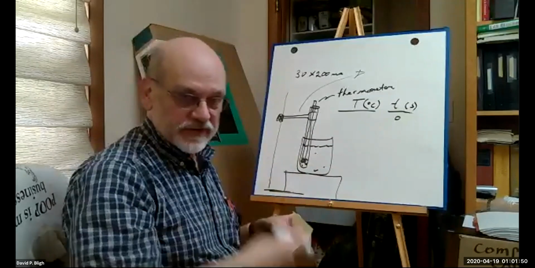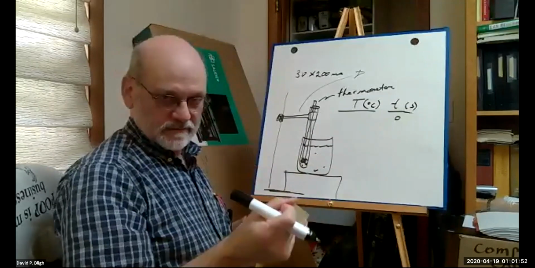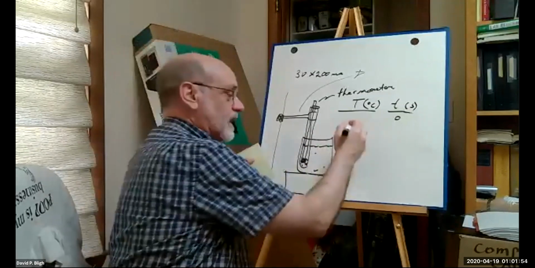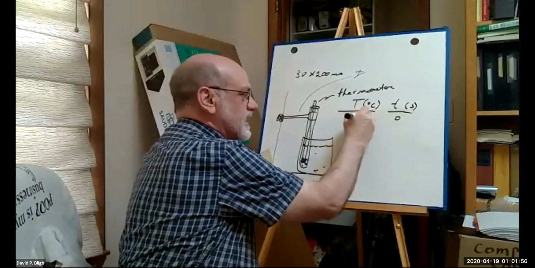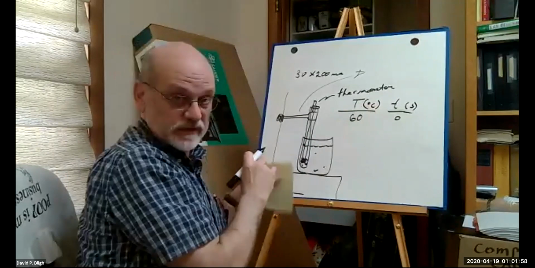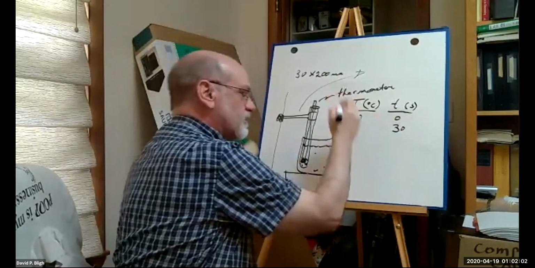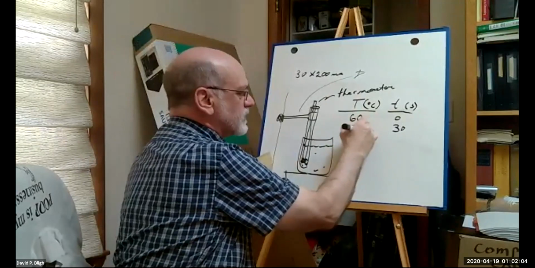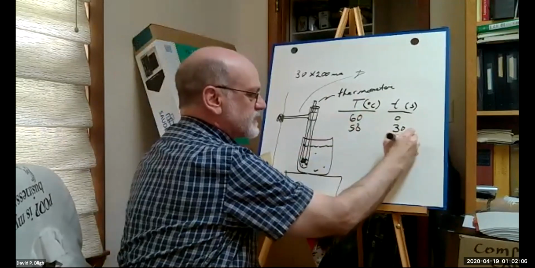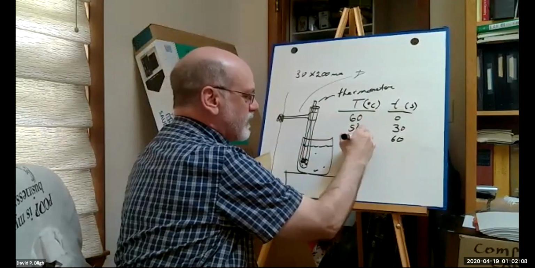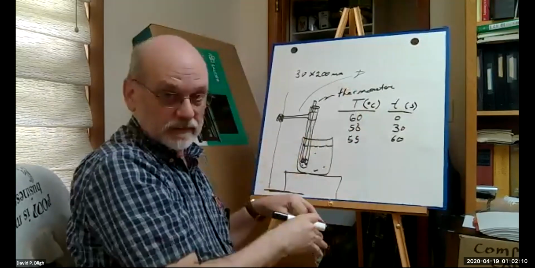And every 30 seconds, take a measurement. Right? So the initial measurement, let's just say we actually start at 60 degrees centigrade. And then at 30 seconds, you take another measurement. Say it's 58 degrees. And then at 60 seconds, maybe it's down to 55. And you just keep going.